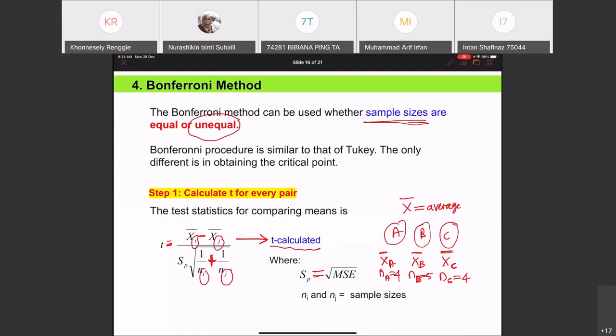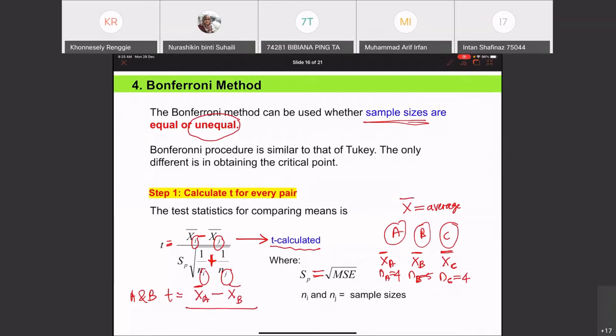So if you are talking about A and B, there is a T for every pair, okay? So you have to calculate, it's not only one value of T. You will come up with a number of T values depending on how many pairs you have. So for A and B, the T calculated will use the average of A minus the average of B, okay?